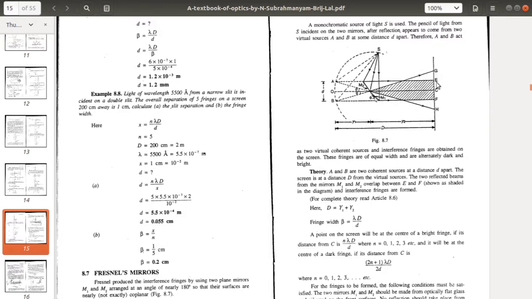The region common to both is EF. So EF is the region of superposition of light reflected from mirrors M1 and M2, where we will get interference fringes.